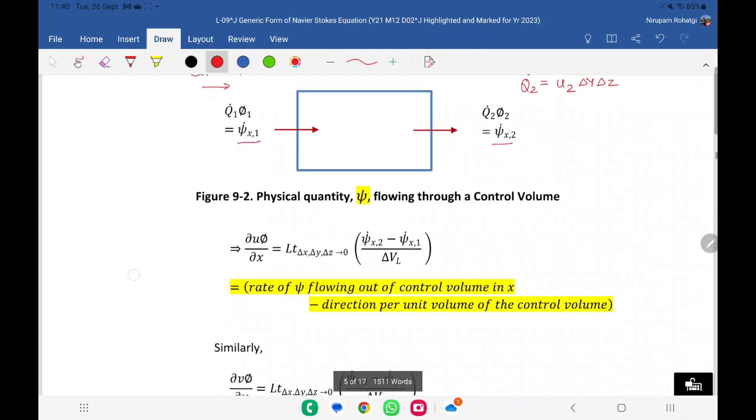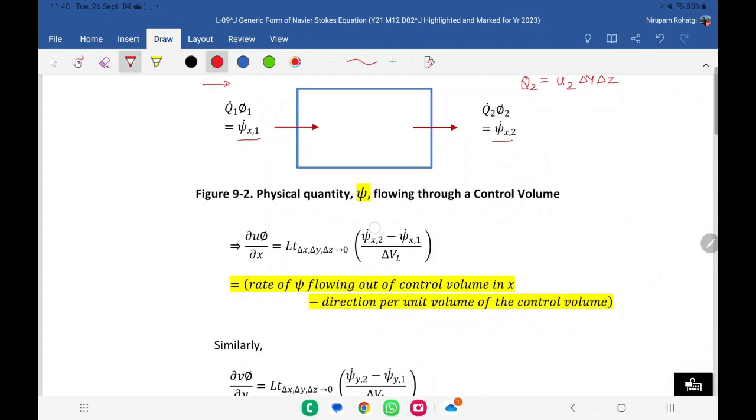Okay. So this is nothing but psi x2 dot minus psi x1 dot divided by delta VL.